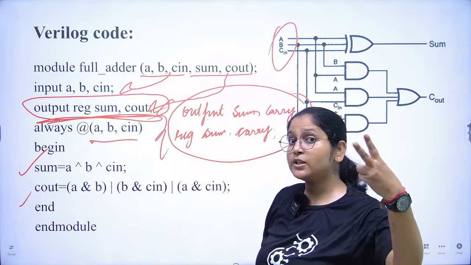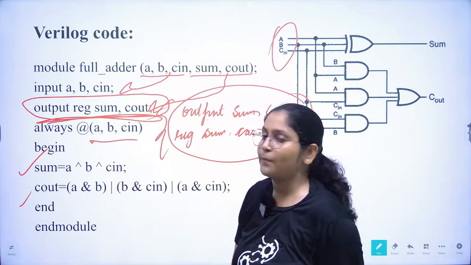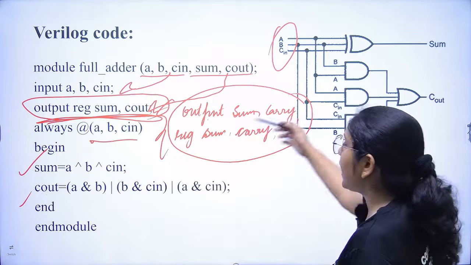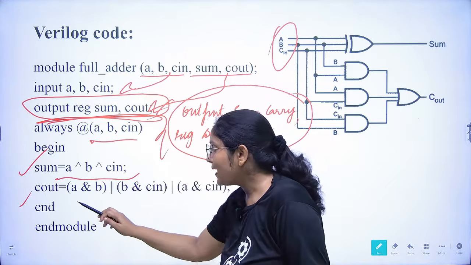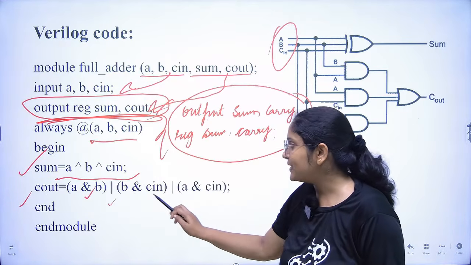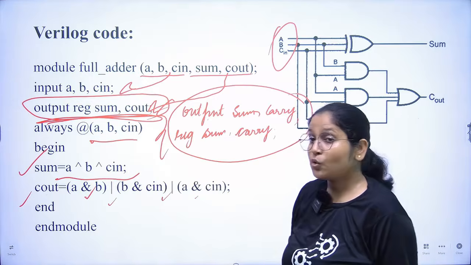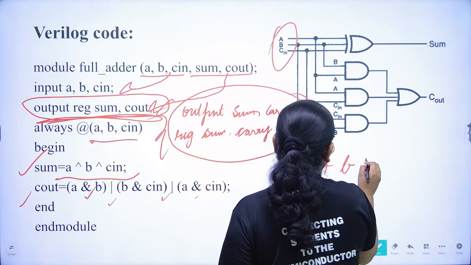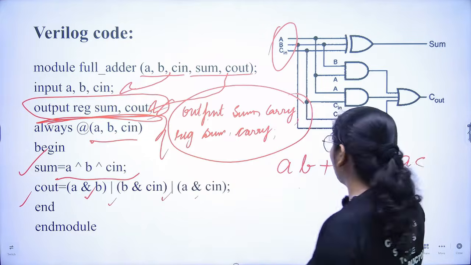Now we are producing two outputs, sum and then Cout, the carry output. The first one, I can directly write this way, and I hope you guys remember the bitwise AND and OR expressions, right? So if you have to write AB plus BC plus AC, what does that mean?